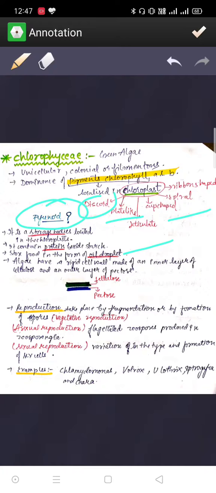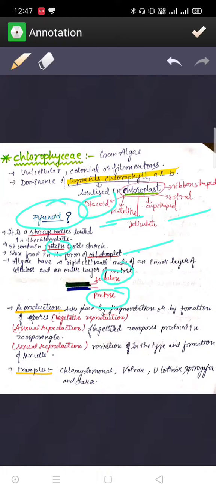Pyrenoid is a storage body which stores food in the form of oil droplets, and it is protein rich also. Algae have a rigid cell wall, made up of outer cellulose and inner pectose, so we can say it is a double layered cell wall.